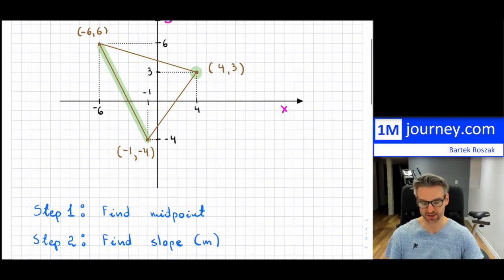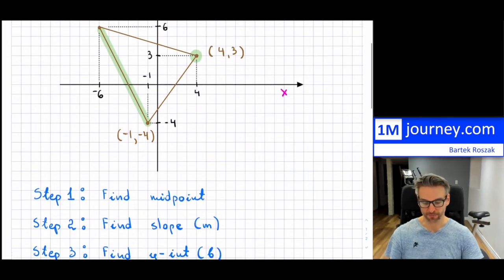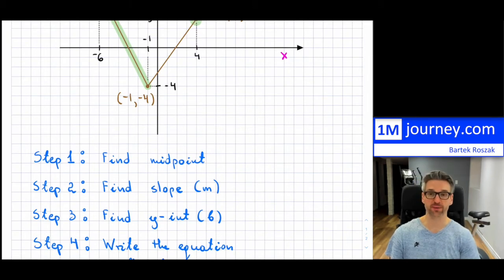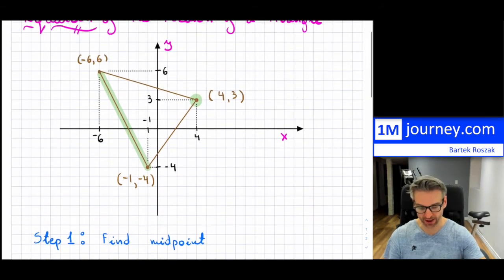That's the second thing. Finally, you're going to find the Y-intercept, because now that you have 2 points and a slope, you can find it. The last item is writing the equation, and I'm going to write it in y = mx + b form. So let's do it, okay? Let's jump in and see how that can be done.